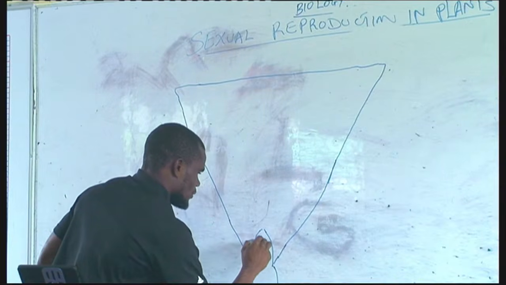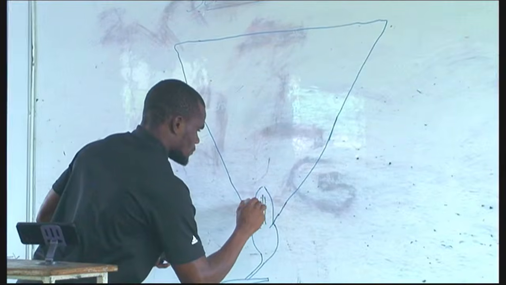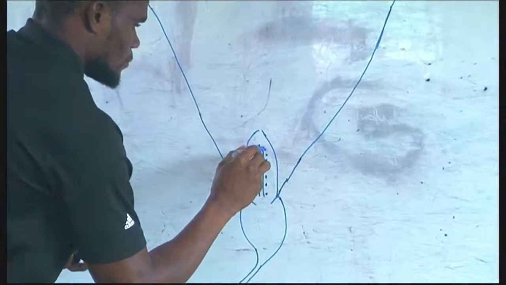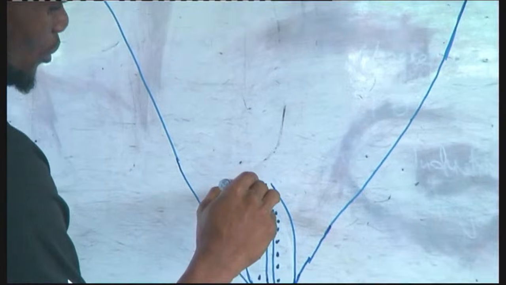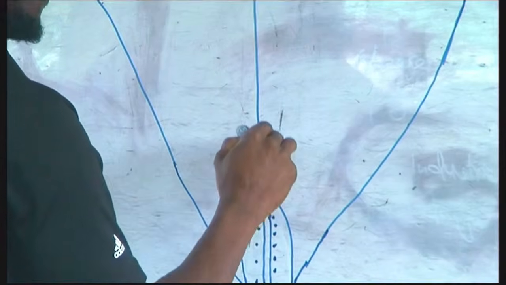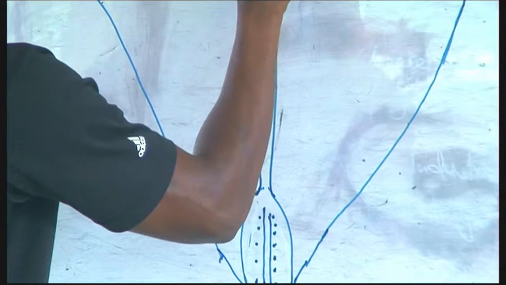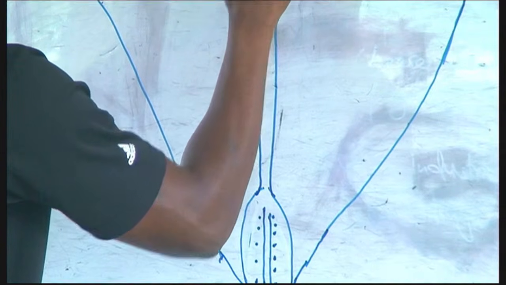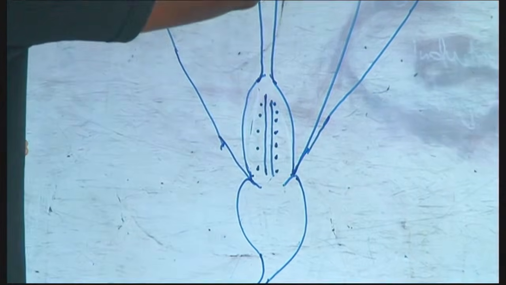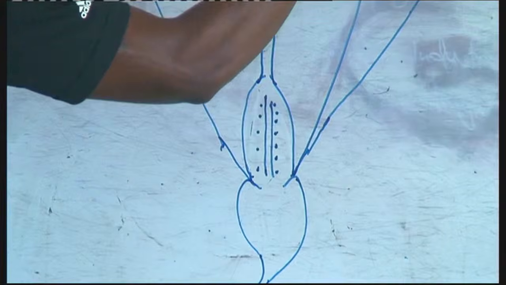And inside here we have what we call the ovules. Then above it, we have what we call the style that holds the stigma. Then we have what we call the anther, held by the filament.